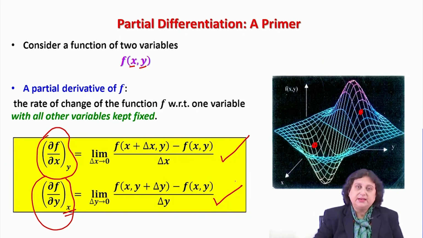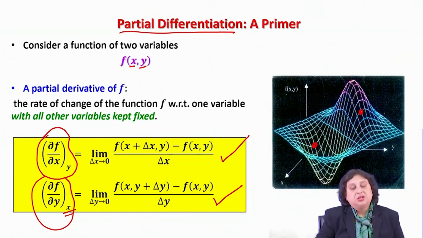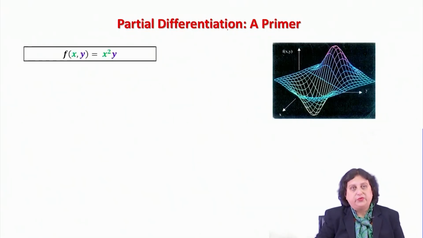I am simply saying that yes, the same kind of definition is valid, but here we have more than one independent variable, and therefore the derivative of f that I take is not a total derivative with respect to one independent variable only, but now I am taking a partial differentiation of the function which depends on more than one independent variable.